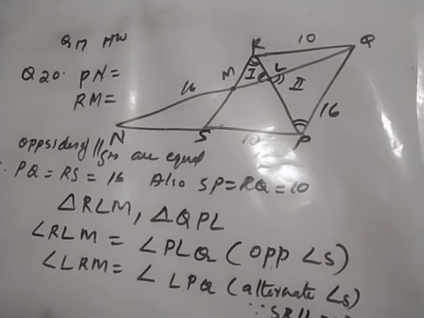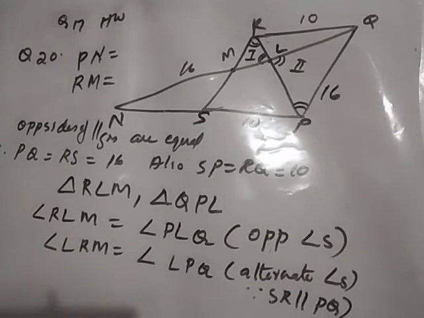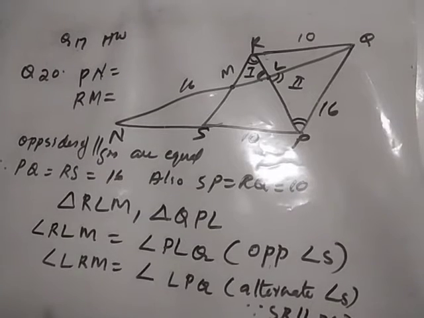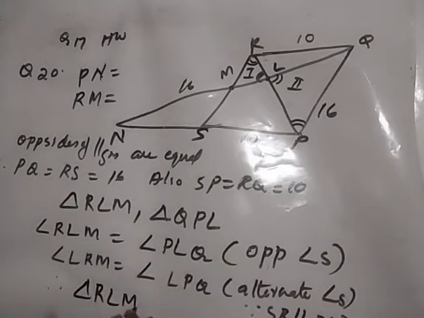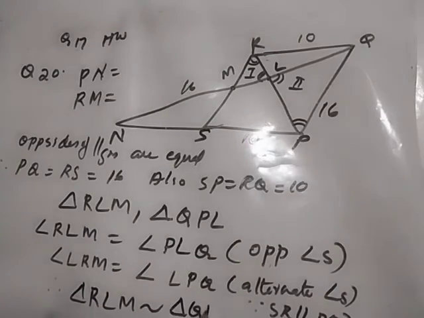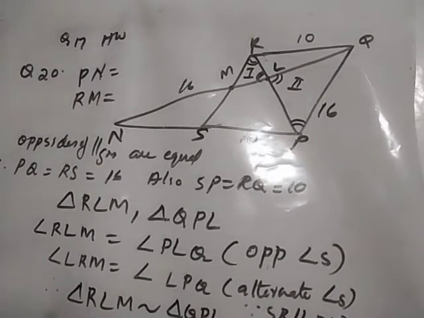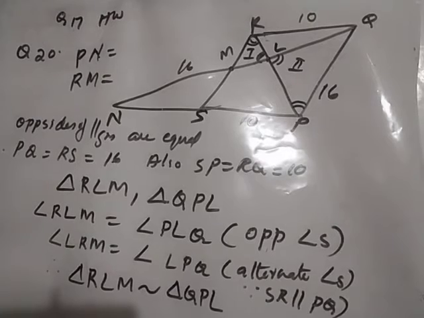Alternate angles are always equal. Understood? So we can write the two triangles are similar. Therefore, triangle RLM similar to triangle QPL. These two triangles are similar. Okay.